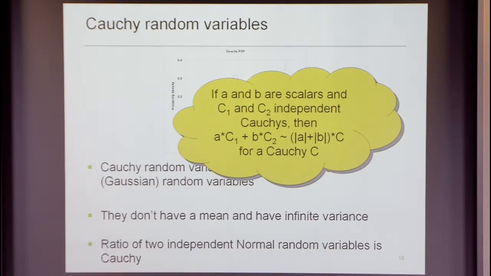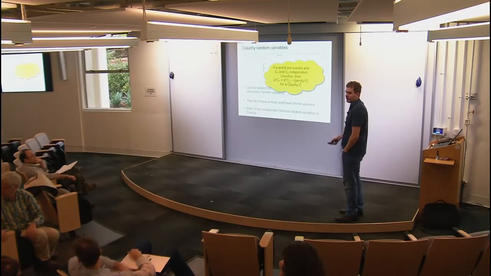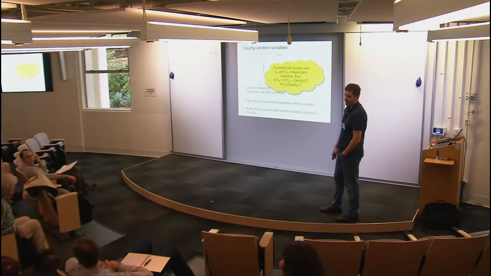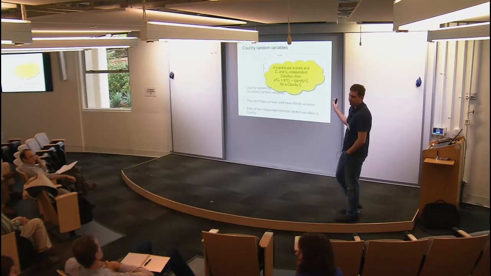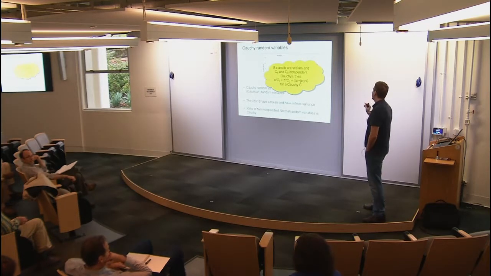I thought you would want something like you take three independent Cauchys C1, C2, and C3, and then A times C1 plus B times C2 is equal to the absolute value of A plus the absolute value of B times C3, in distribution. You're asking if this characterizes a Cauchy distribution? No, I got confused by your comment about C depending upon C1 and C2. This happens in terms of distributions, yeah. Oh yes, I'm sorry.